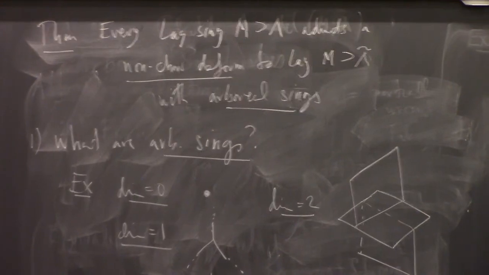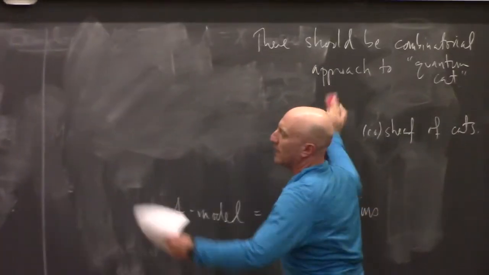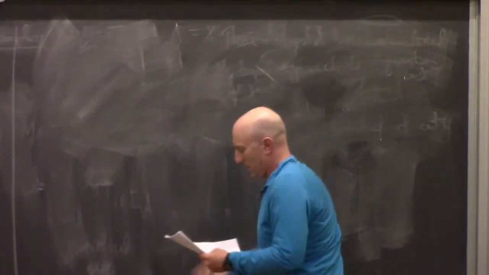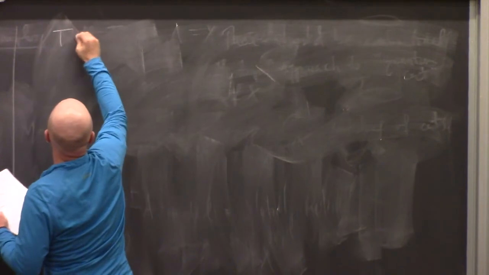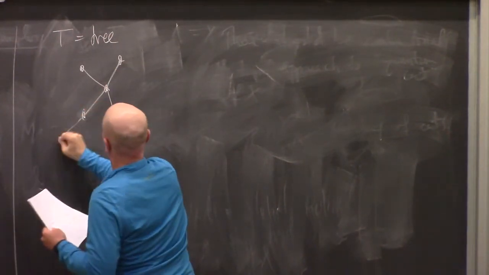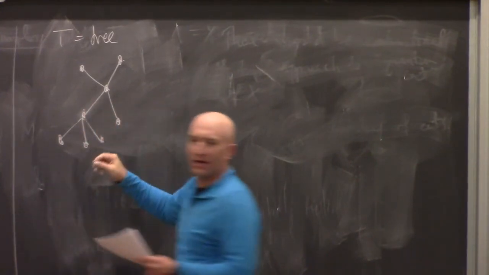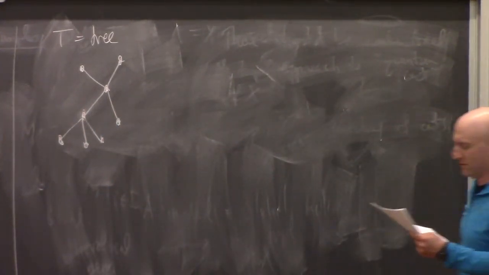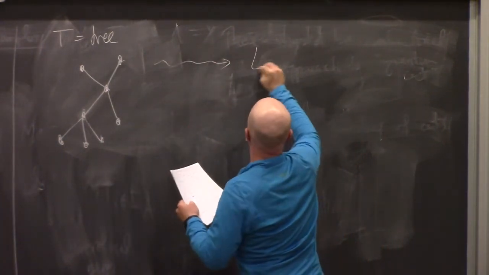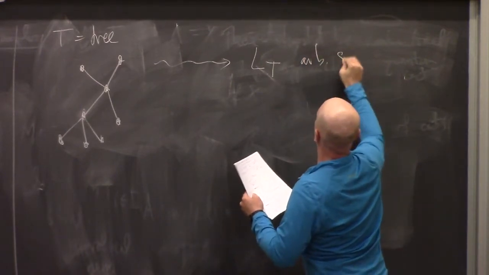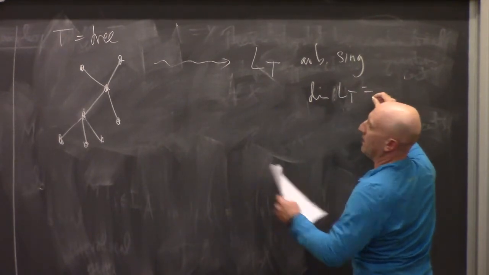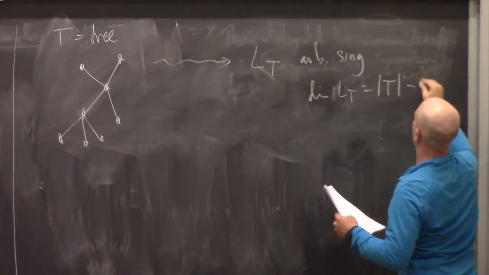The general story is that for each tree, they're called arboreal singularities because they're indexed by trees. So if T is a tree, what's a tree? It's a finite acyclic graph, non-empty. To T a tree, you can assign something that I'll call the arboreal singularity, and the dimension of LT will be equal to 1 less than the number of vertices of the tree.